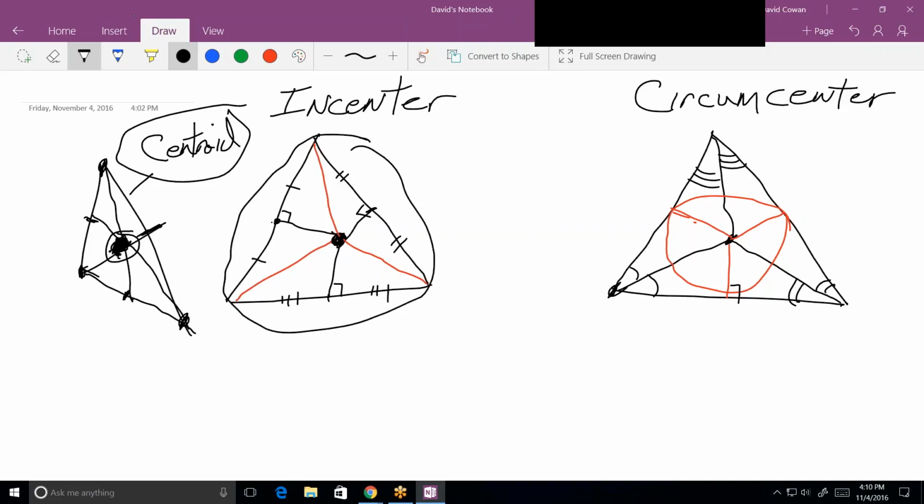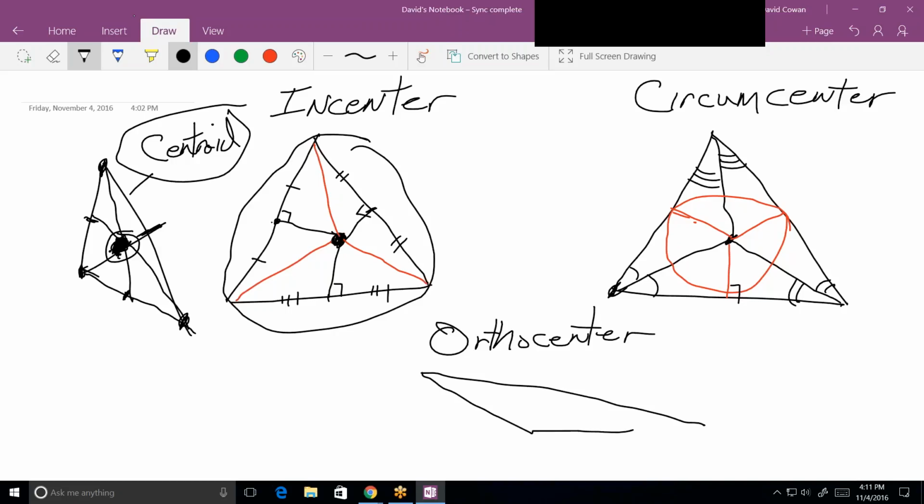And as long as we're talking about it, let's talk about the orthocenter. That's the fourth one. Well, you construct an ortho, and one way I kind of remember the name for orthocenter is it can be outside of the center of the triangle.